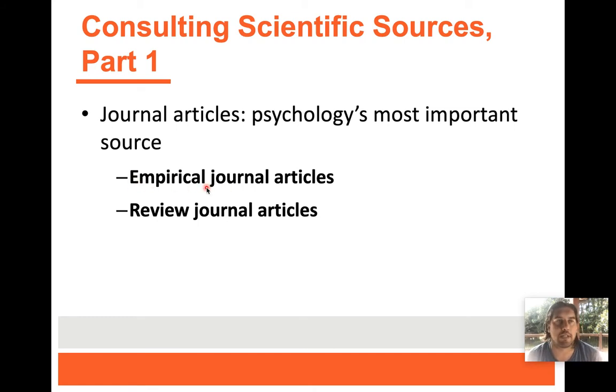So, for example, let's say you're a developmental psychologist who studies the way in which bilingual children learn and use language, right? That's your area of study. Early bilingual language development. You, along with a host of other people, will be publishing individual experiments on bilingual language development.